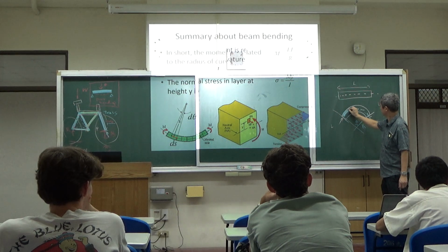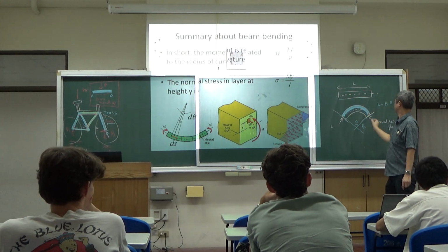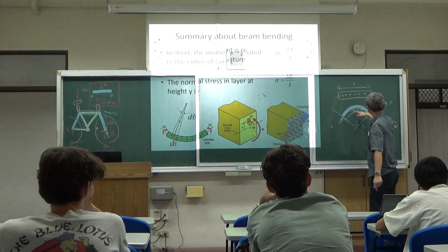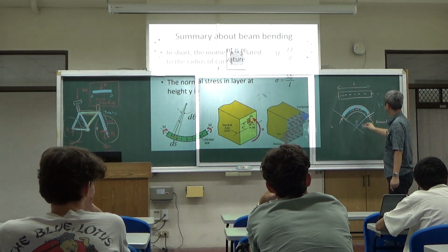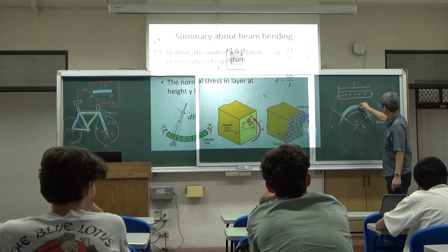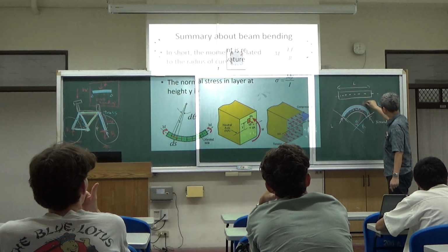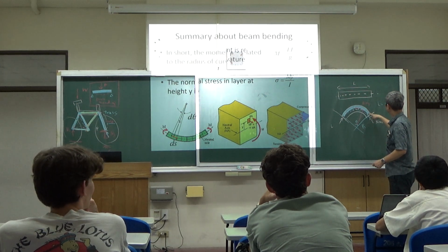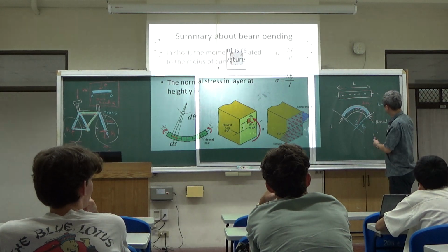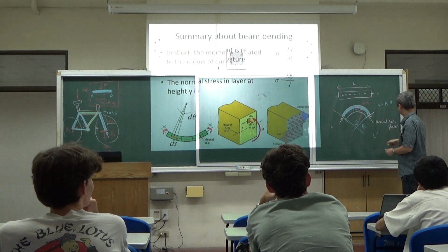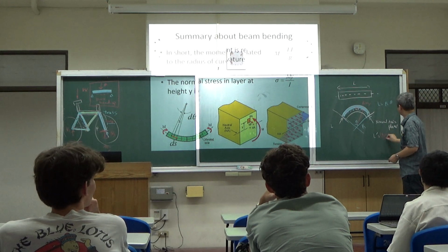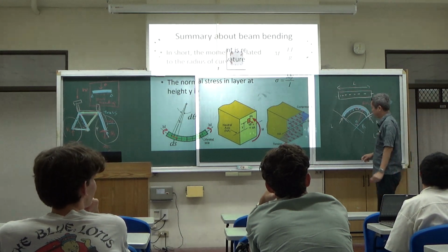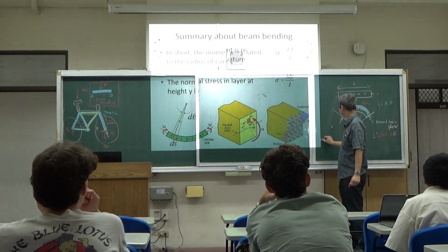The top layer, which is away from the neutral axis by a height y, will then have a larger radius, r plus y. So as a result, the line on the top will have a length of (r plus y) times theta. So what's the length change?